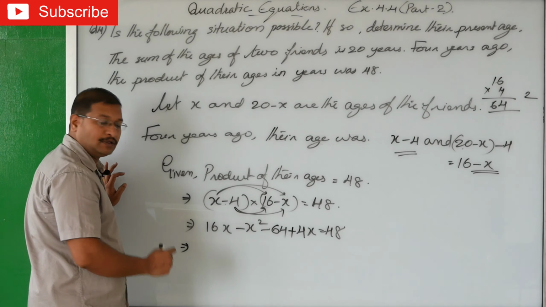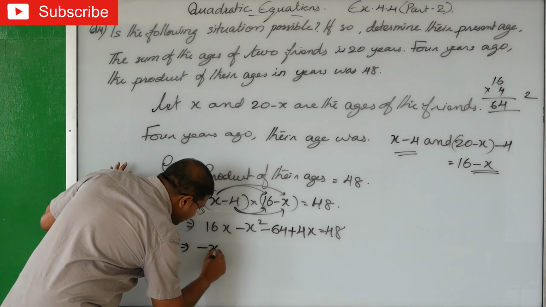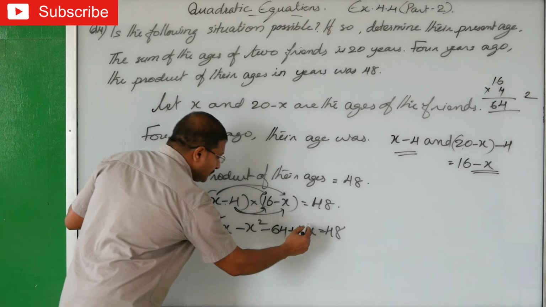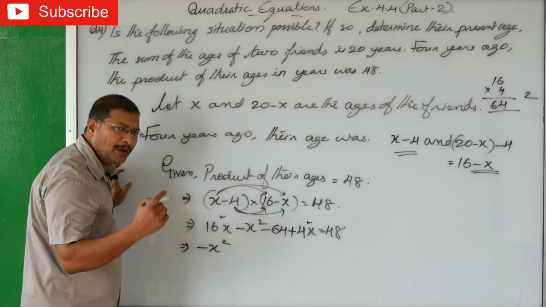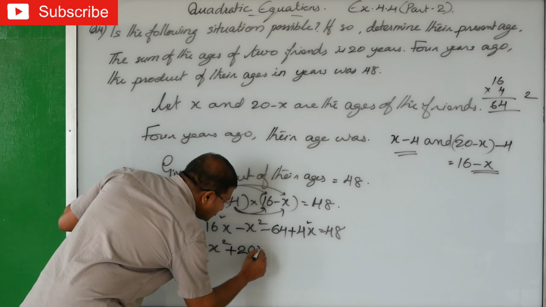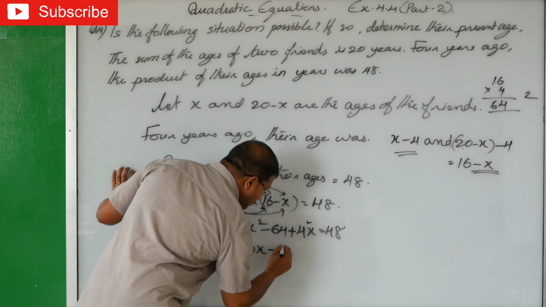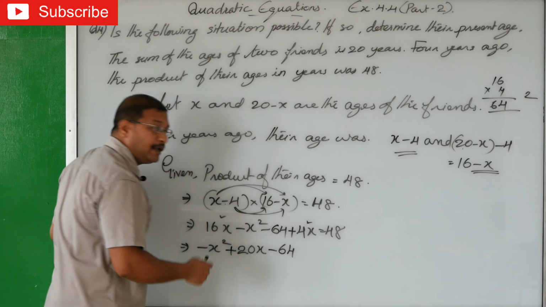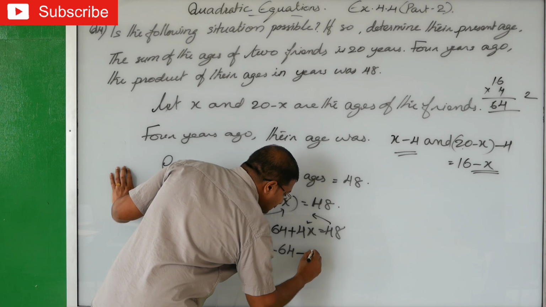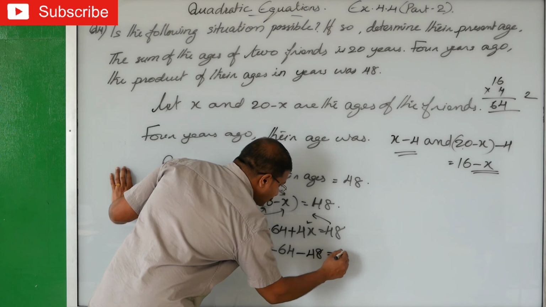This implies, first we'll write minus x square. After that 16x plus 4x, 16 plus 4, 20, that means plus 20x. Minus 64 is already here. And of course the 48 goes to the next side, it will be minus, isn't it? That means minus 48 equal to 0.